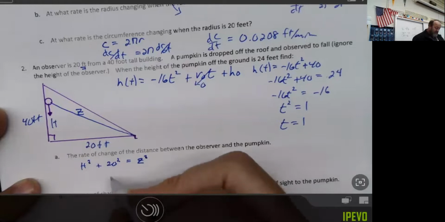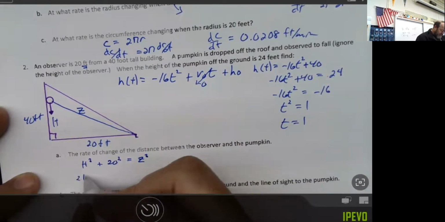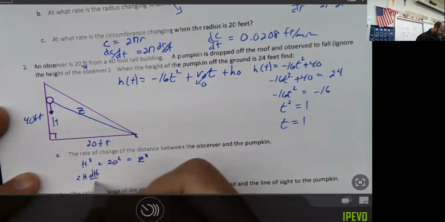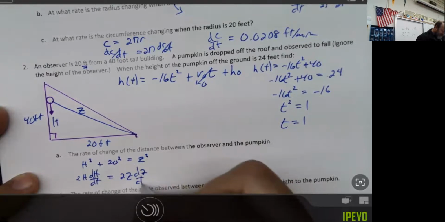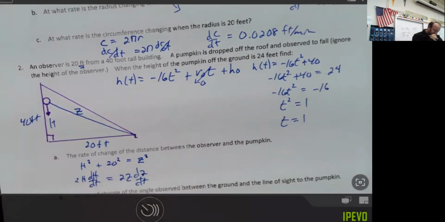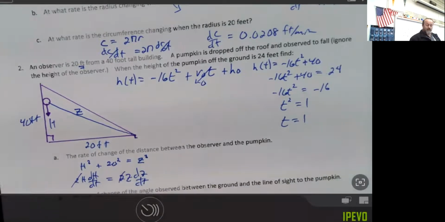So of course, when I take my derivative, this was a constant, it's going to go away. We have 2h dh/dt equals 2z dz/dt. That's what I want. And I guess we could cancel out those two 2's, so that's a little nicer.